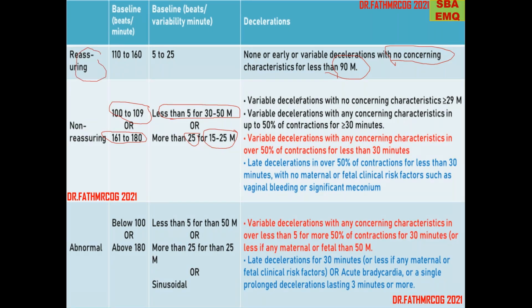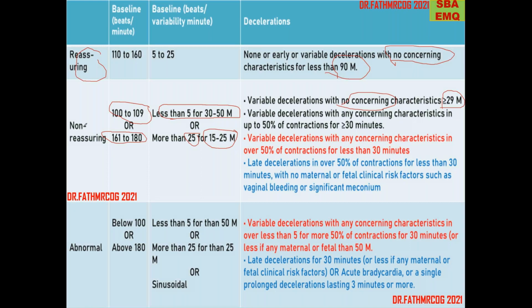If there is variable deceleration with no concerning characteristic and the duration is 90 minutes or more, this is non-reassuring. Okay?